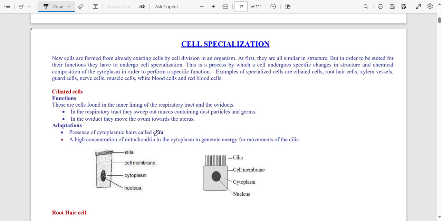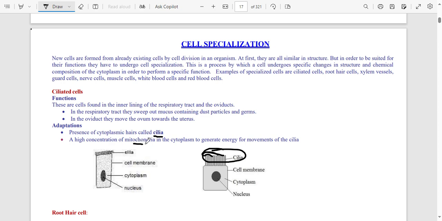One thing is that they have got cilia, very important, the presence of cilia. This is cilia that you can see on top here. Another thing, because remember they are doing a lot of work: this cilia is pushing the egg, is pushing the mucus. So you need energy. So where is that energy going to come from? From the mitochondria.